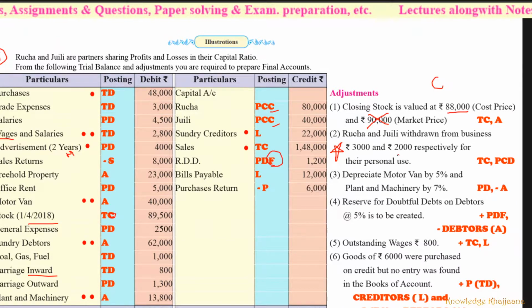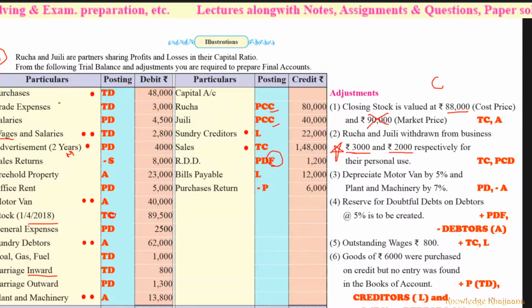Now let's see if they would have withdrawn in kind of money, rupees 3,000 and 2,000. Then there should be an account like cash in hand or cash at bank. Let's check whether there is any account like cash in hand or cash at bank.